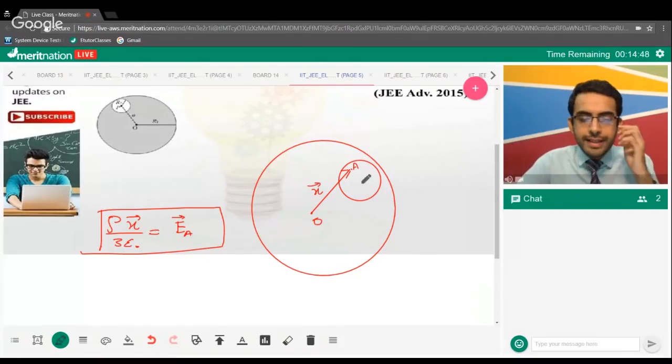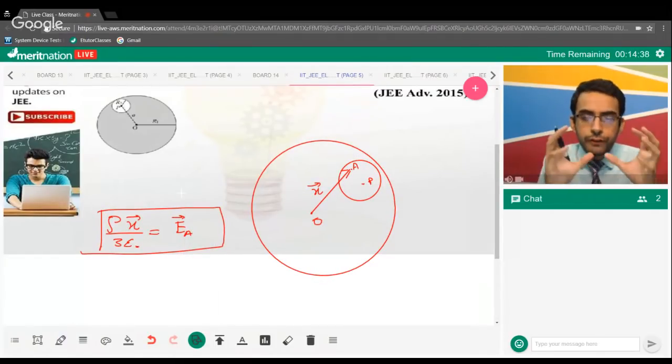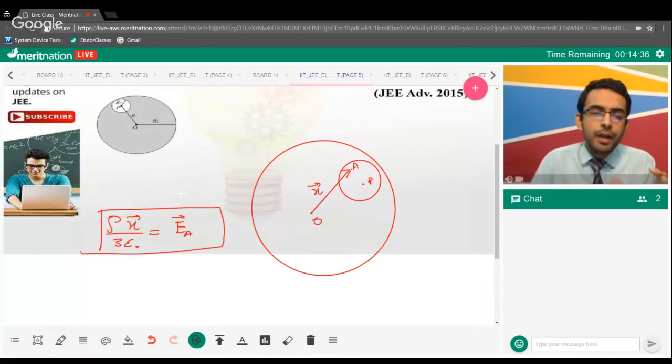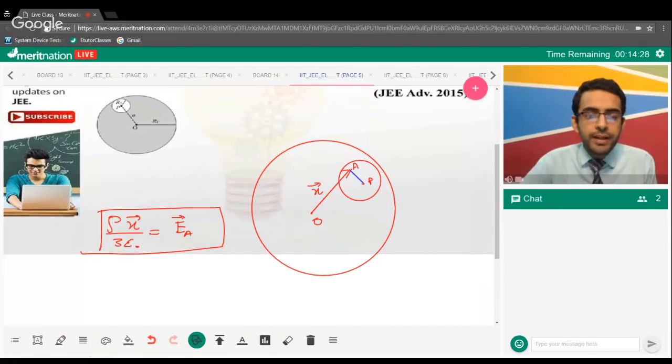Now, let's take point P as the center of this cavity. If we consider this as a part of a uniformly charged solid sphere, the electric field at point A due to this other sphere can be written in a similar way.